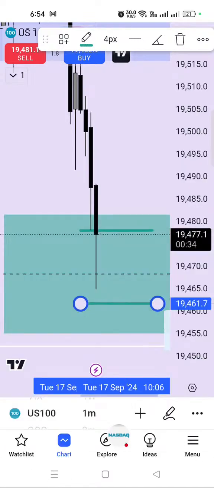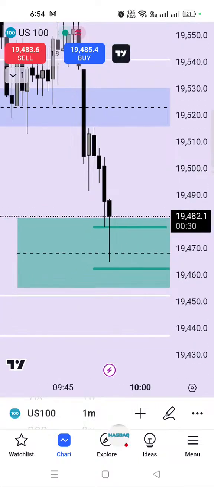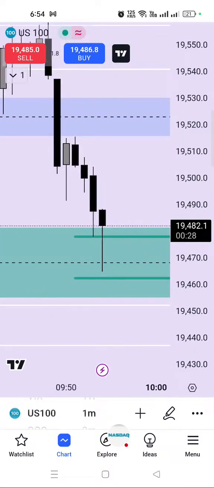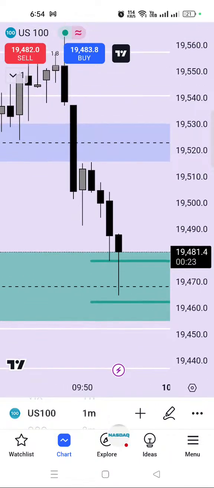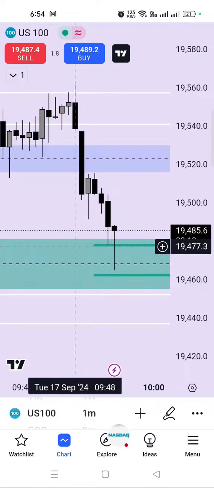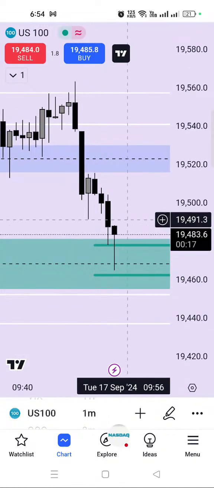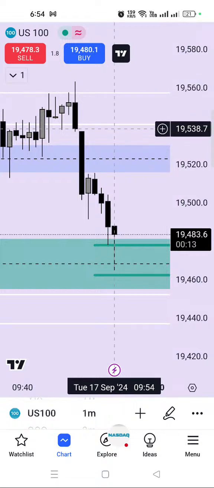Let's go for 462. So yeah, this is basically our buy zone. I'm looking for confirmation, then I'll try to buy it again, aiming for this point 538 first.